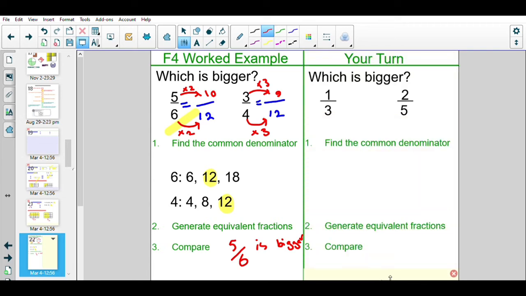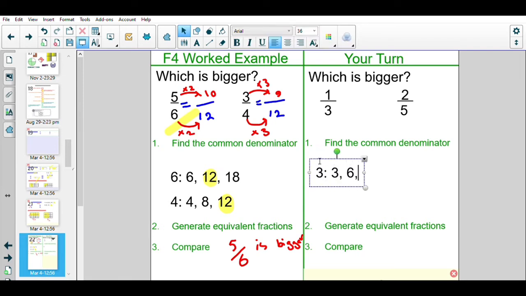Please pause the video and have a go at this question and follow the main 3 steps. Again, I'm comparing two fractions that don't have the same denominator. We need to have the same denominator to be able to compare them.